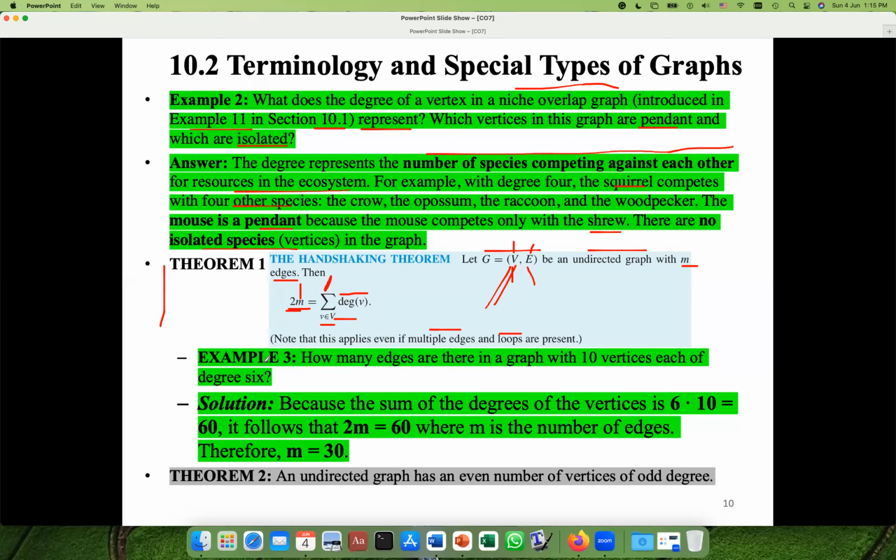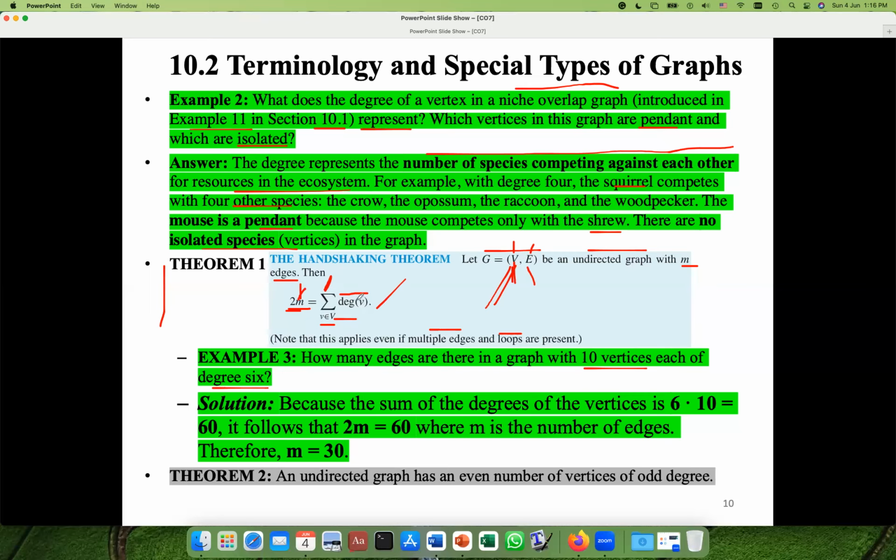Now, for example, how many edges are there in a graph with 10 vertices of degree 6? There is a graph with 10 vertices, so V is 10, and each vertex has degree 6. How many edges are there? You can use this theorem to find it, because m is the number of edges.